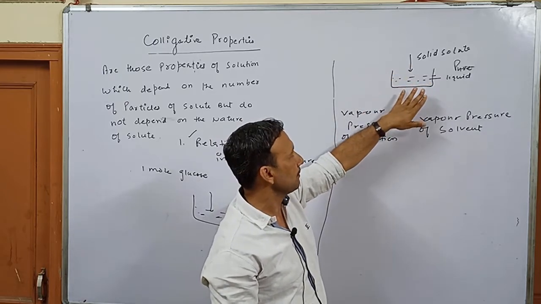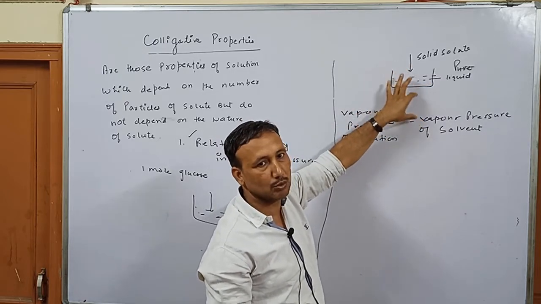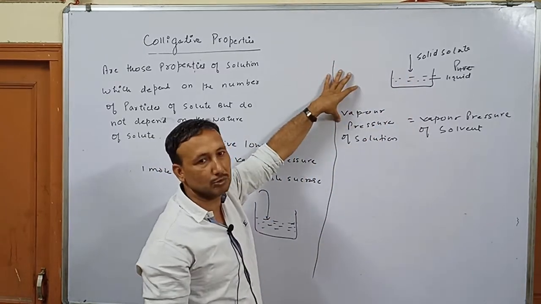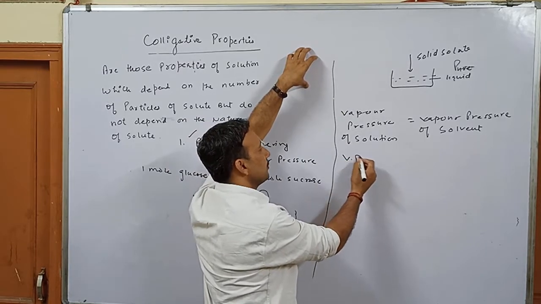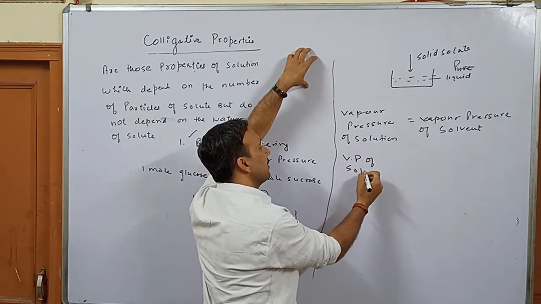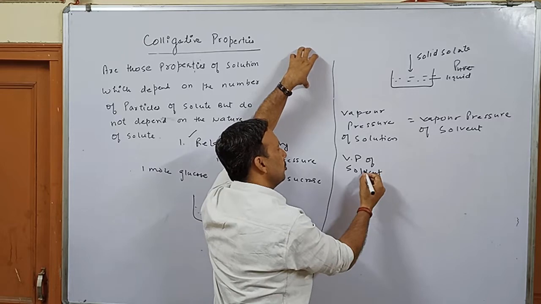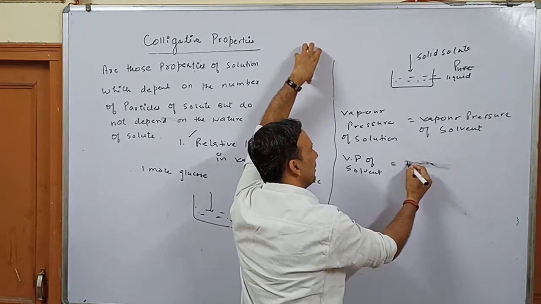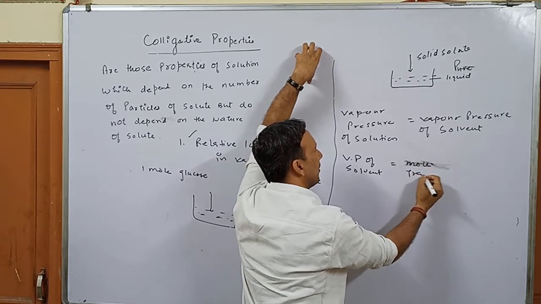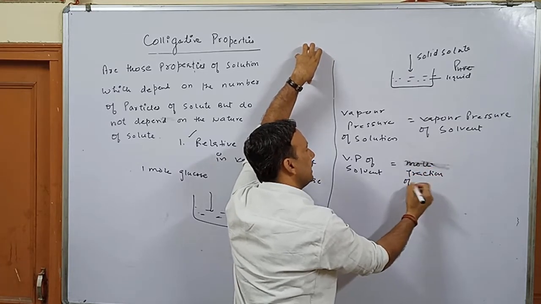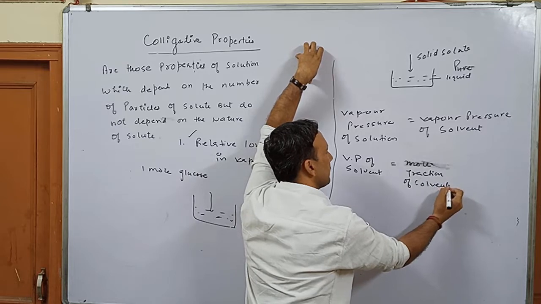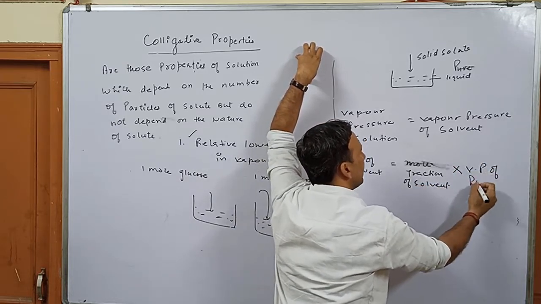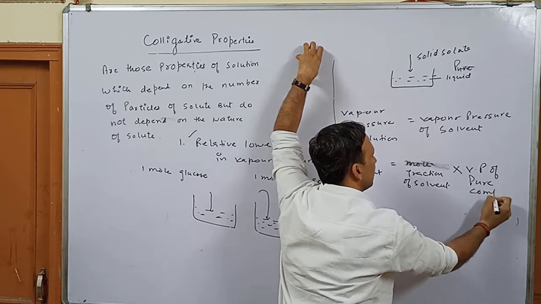And according to Raoult's law, vapor pressure of solvent is equal to mole fraction of solvent into vapor pressure of pure component.